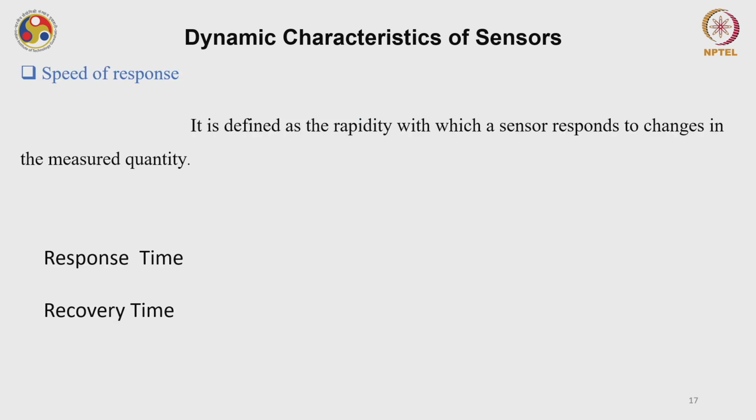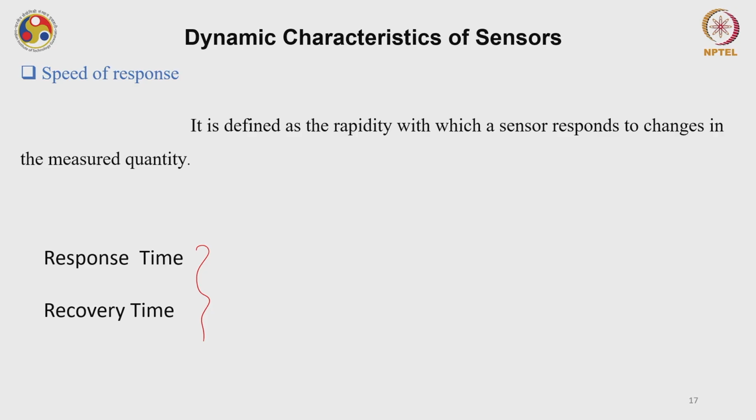First is speed of response. This speed of response is defined as the rapidity with which a sensor responds to changes in the measured quantity. It takes care of response time and recovery time. So if the response is fast and recovery is fast, I can say that the speed of response is fast.